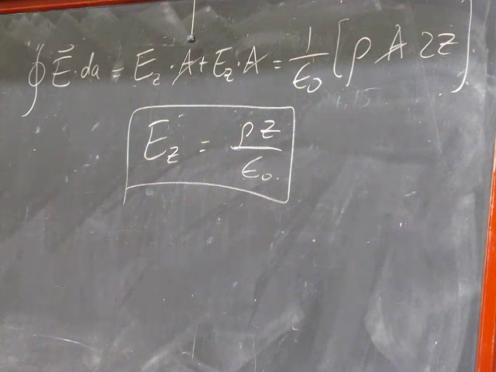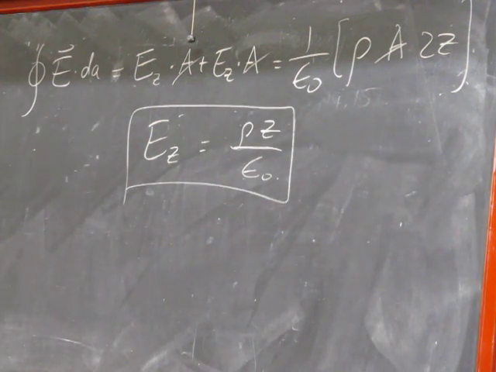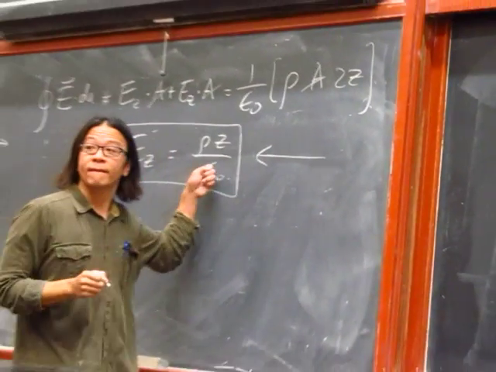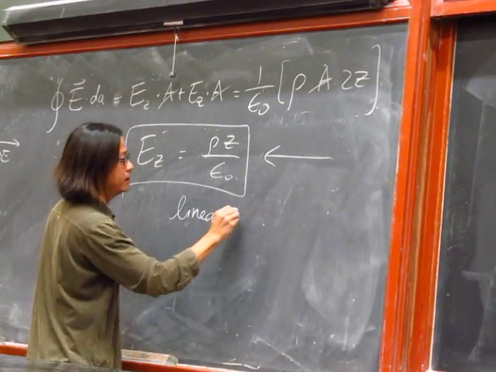Did I make a mistake somewhere? No. So as you see, it's linear. That's a lesson. The electric field is linear.